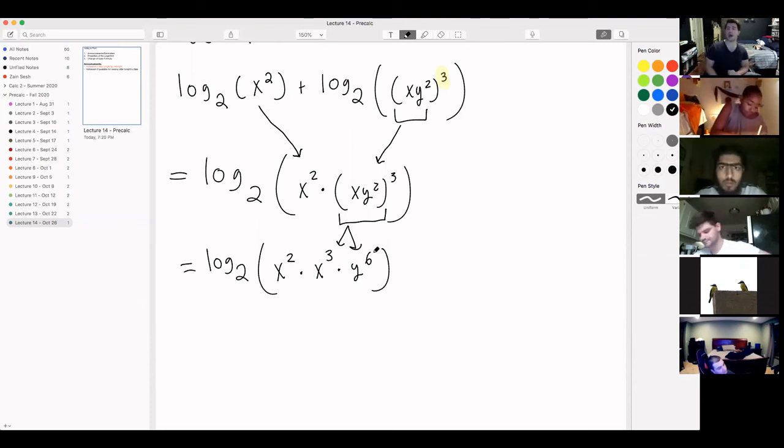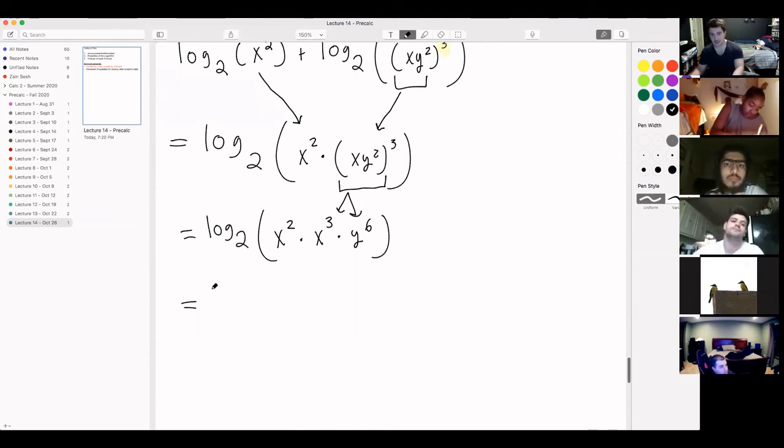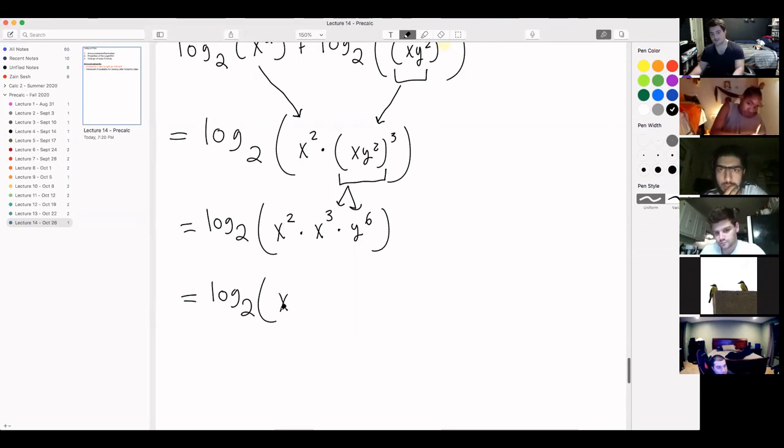I use the power to a power rule, and y squared to the third power is y to the sixth. Okay, good, almost done. This will be log base 2. Now you can use the product rule of exponents on x squared times x to the third. That would be x to the fifth times y to the sixth.